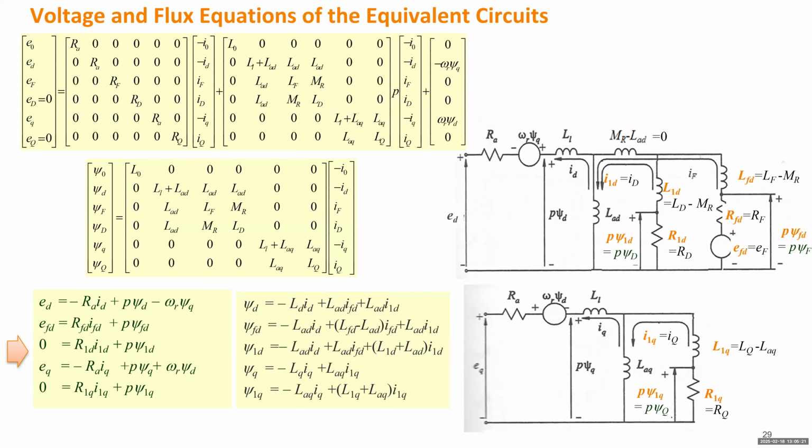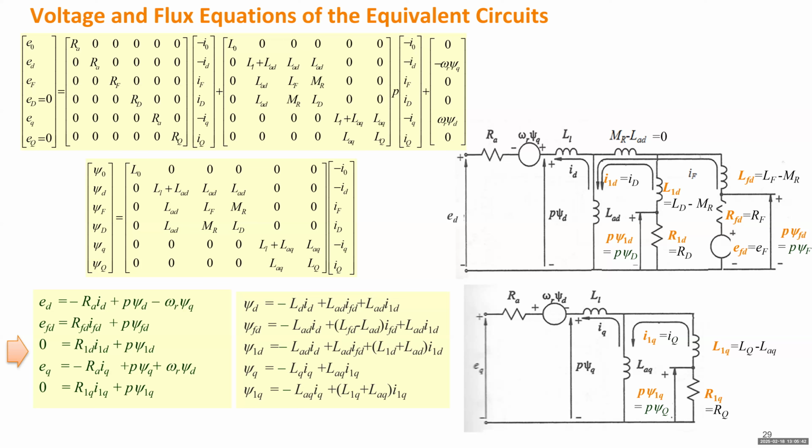That one will be equal to LL plus LAD, that is the total inductance, multiplied by ID. So LL plus LAD will be LD. So that will be the first term.